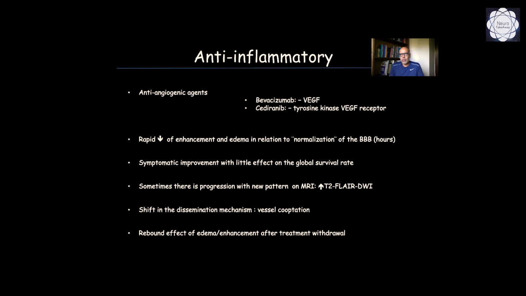Sometimes the tumor progresses in other ways because they can't generate new vessels. They co-opt the normal vessels of the surrounding tissues, and what we see on imaging is an increase of the T2 FLAIR and diffusion weighted signal intensities without enhancement.